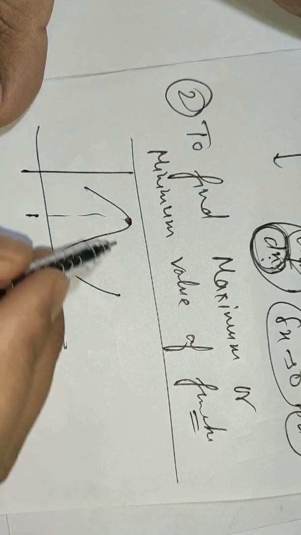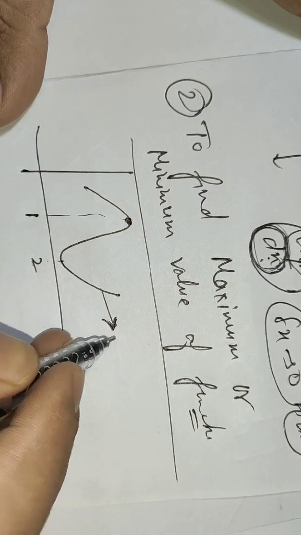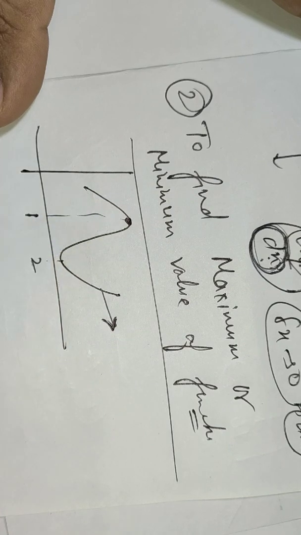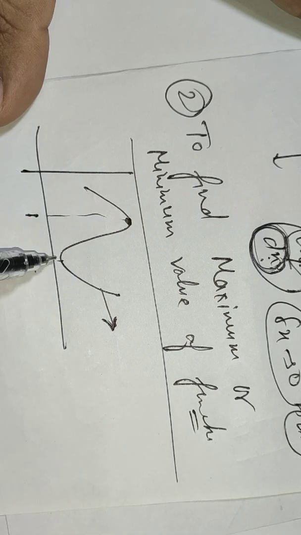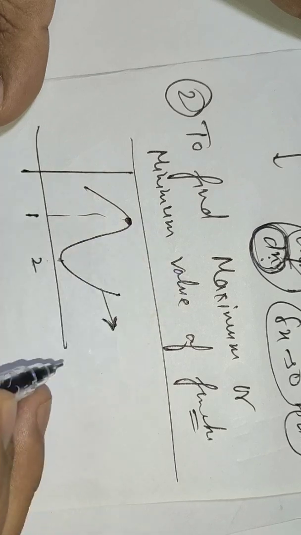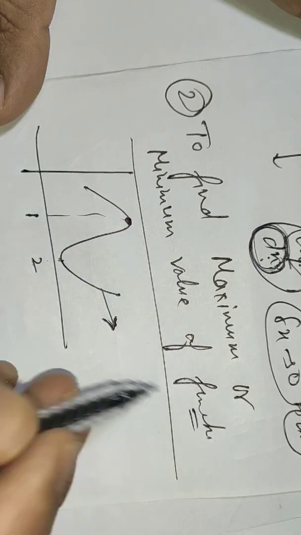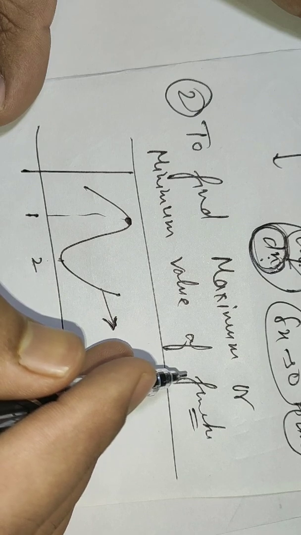If the equation of this curve is given and you have to calculate at which value of x this function gives the maximum value and this the minimum value, then you can calculate it using this approach. So these two applications are very important.